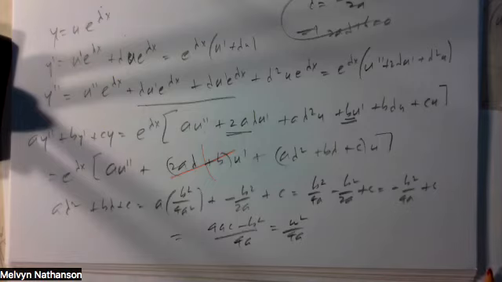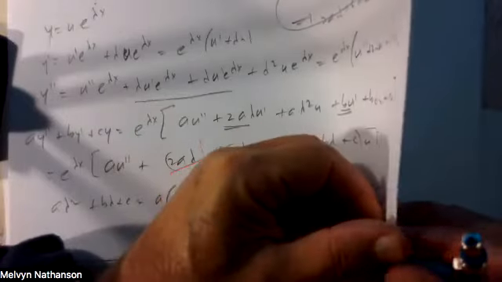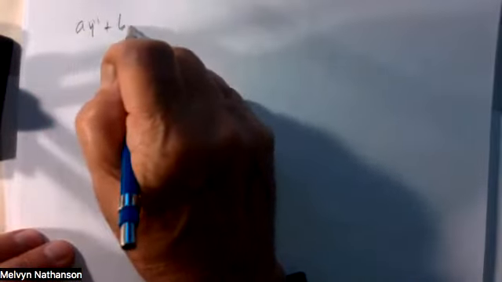I just want to check this algebra, so let me start it again because that's easier. Again, we have the differential equation AY double prime plus BY prime plus CY equals 0.